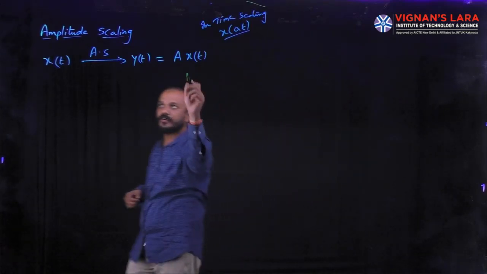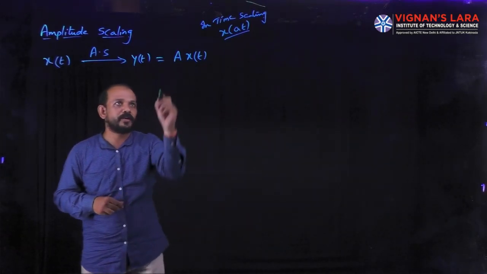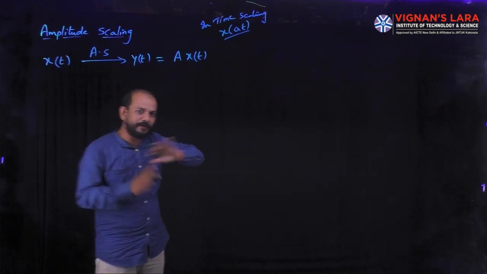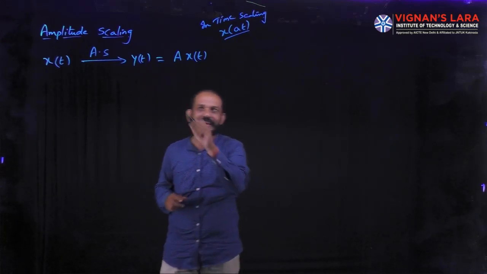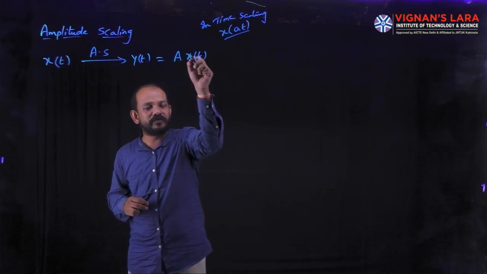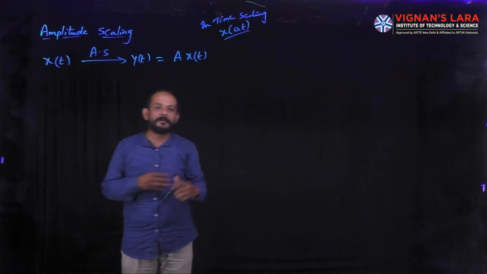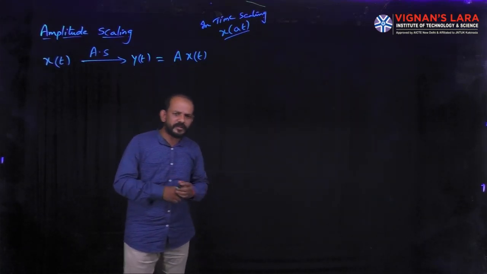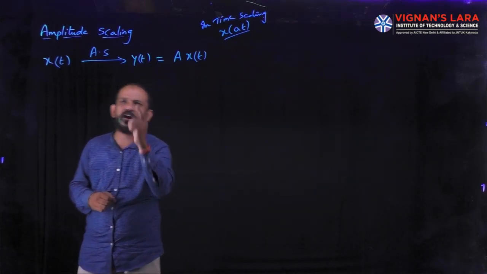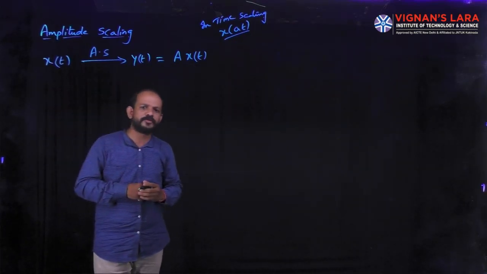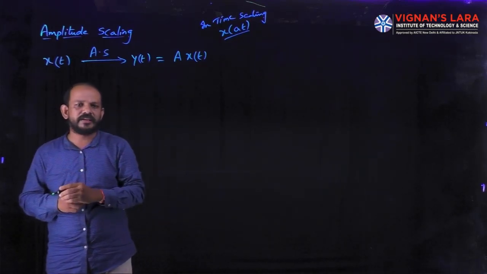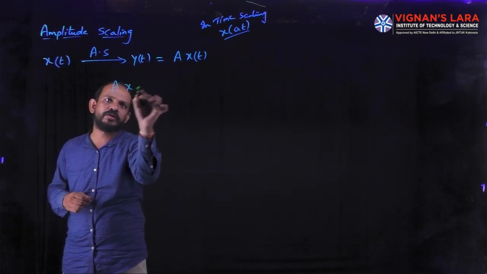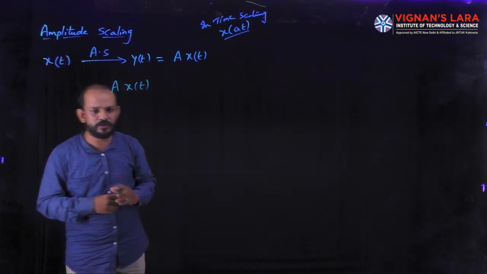But here, come to amplitude scaling. Here the constant is multiplied to the complete signal, the x of t. That is, the complete signal will be multiplied with constant a. That is, here the amplitude of the signal will be multiplied by this constant. Simply, if you perform amplitude scaling operation on a signal x of t, then it will produce output like a into x of t.